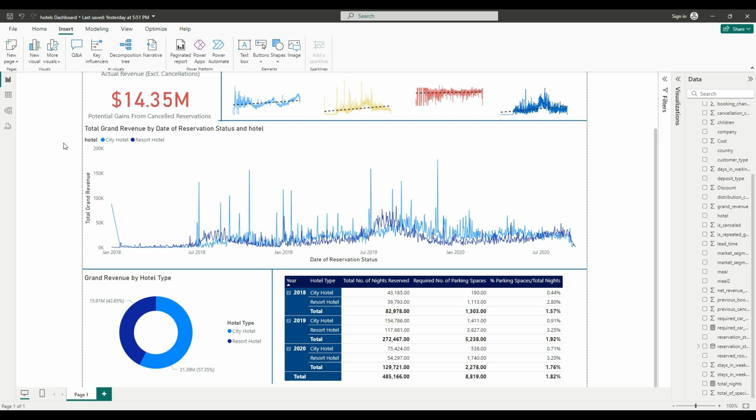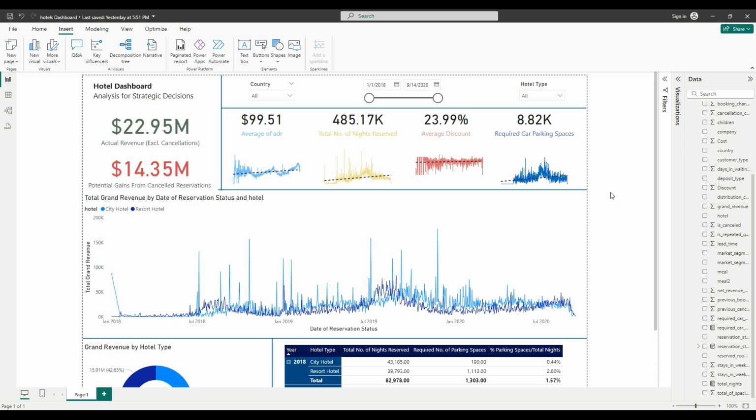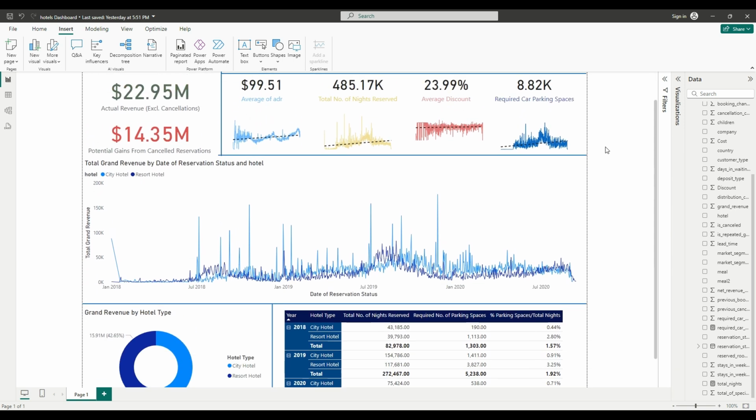There's not much difference in the movements. They are highly correlated, if I may say so, over the period of analysis. But what we can see indeed is these spikes in city hotel revenues, boom, boom, boom, boom. And while the resort hotels are going in the same direction, they have no such volatility or spikes, which is very interesting, and also we might want to take a look at it.